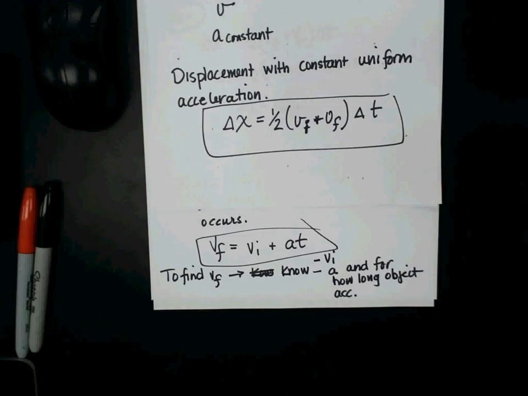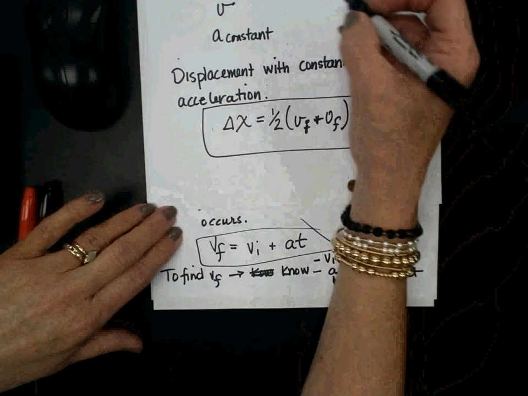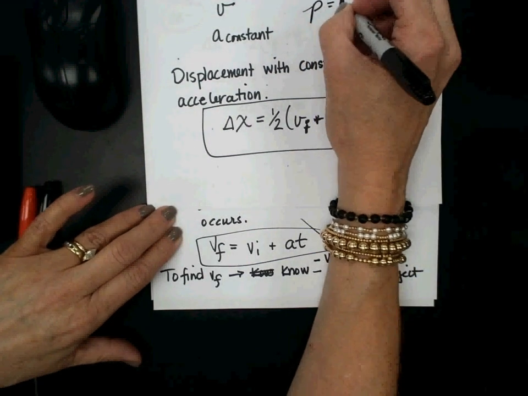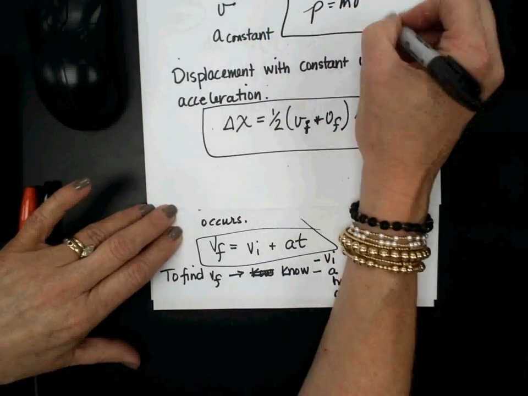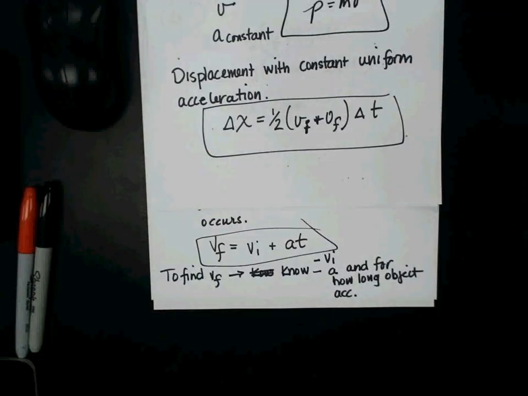And if you didn't put that momentum formula on there yesterday, let's put that on there too. I don't think we put that on there yesterday. P equals mv. If you don't have that on there, add it.